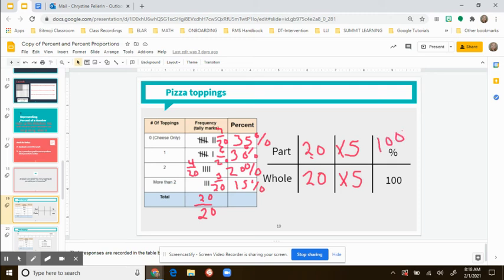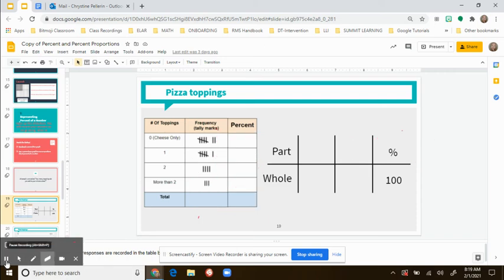So 100% divided by 100% equals a whole. So it's still 100%. Okay, so that is how you find percents. So right here, you would write 100% if you had a total table to write.